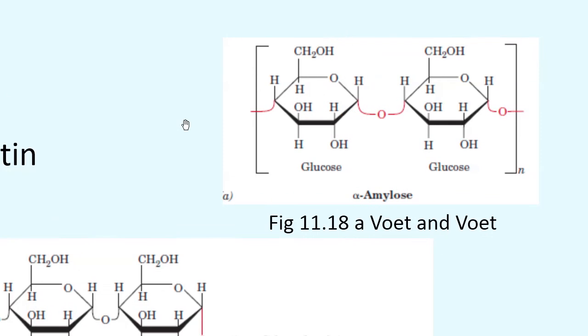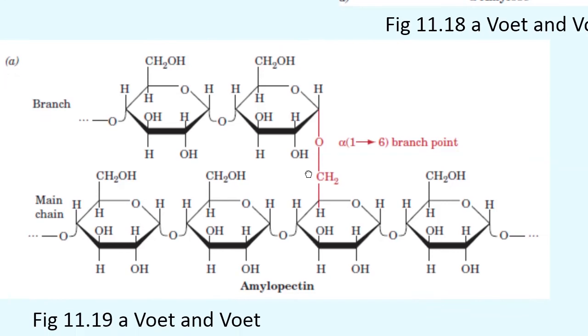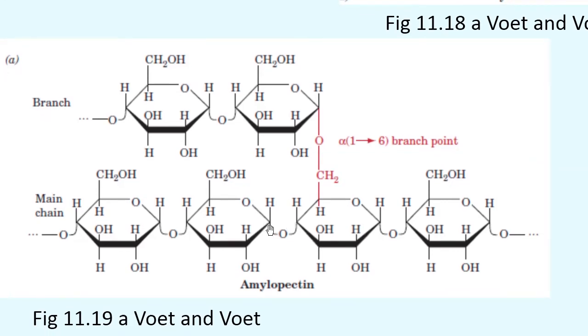Amylose is an unbranched polysaccharide. It is made up of alpha-D-glucose monomers which are linked to each other through an alpha-1 to 4 linkage. Amylopectin is also made up of alpha-D-glucose monomers which are linked through alpha-1, 4 glycosidic bonds.